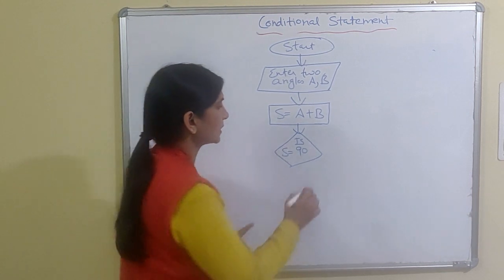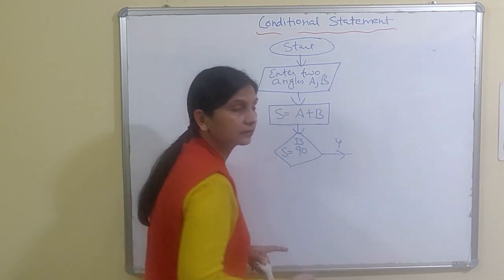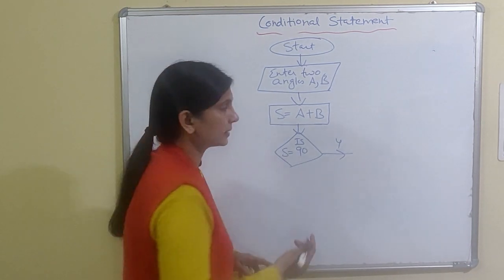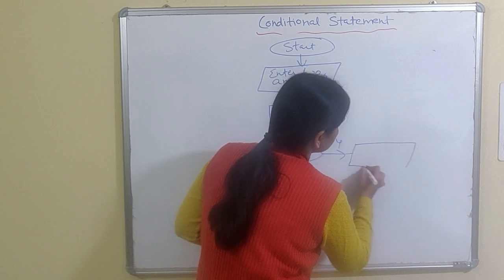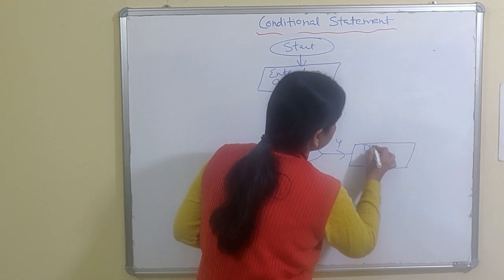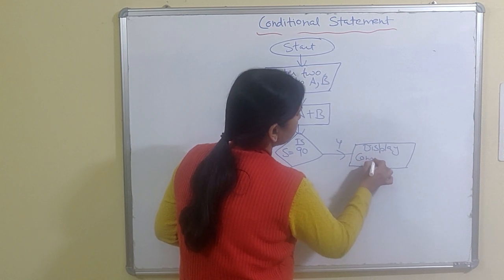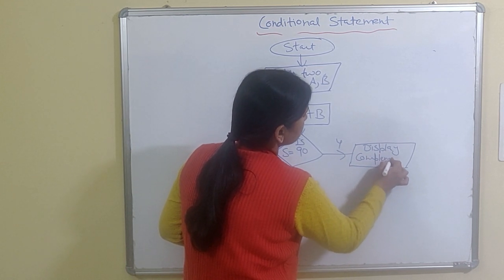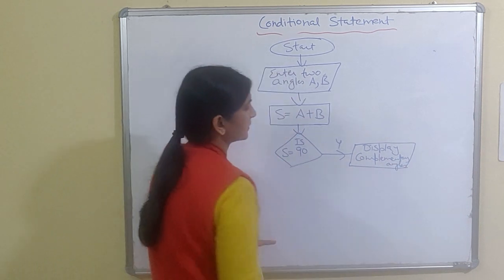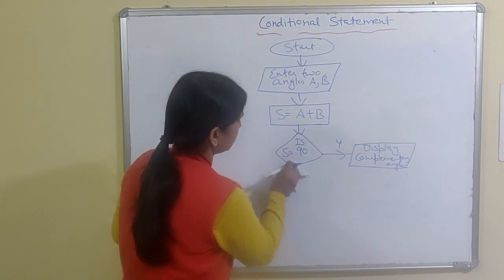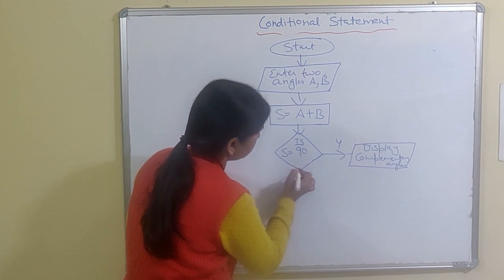Is S equals to 90? If it is true, then display which angles? Complementary angles. Display complementary angles. Fine. Let me correct its shape.